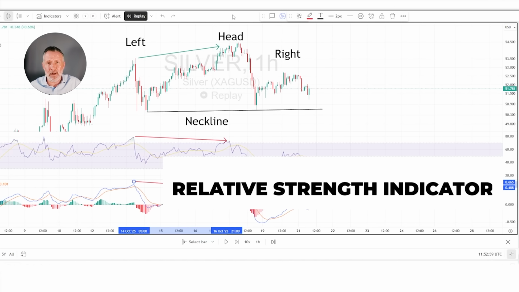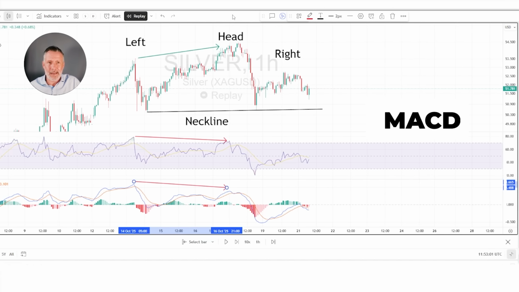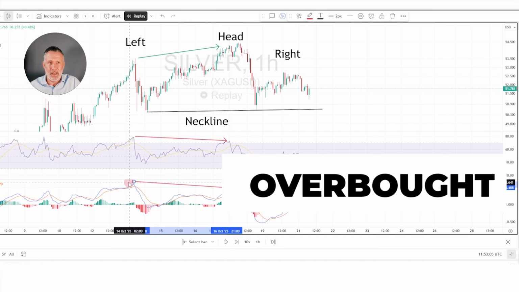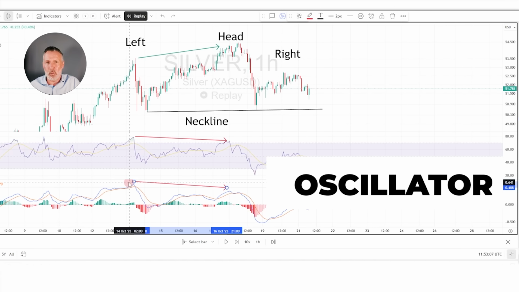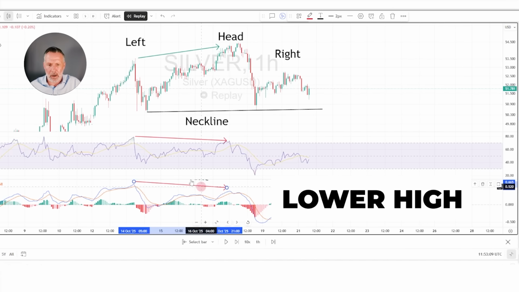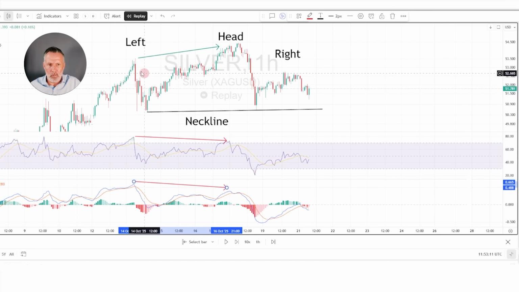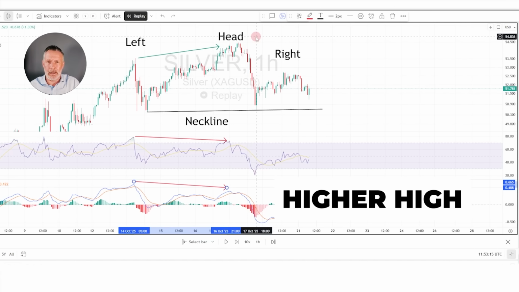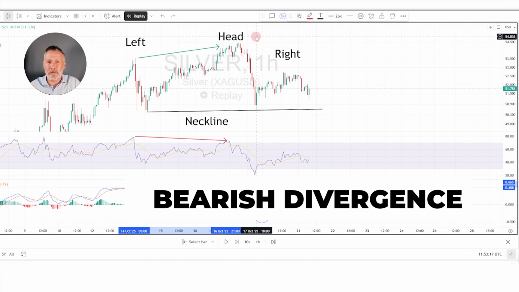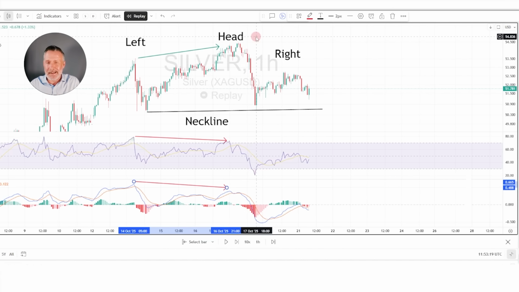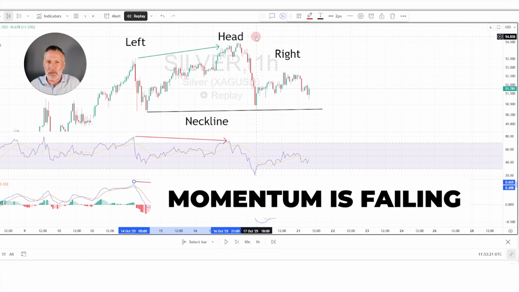Now the relative strength indicator or the MACD should be reading at overbought extremes. If the oscillator you are tracking makes a lower high while the asset makes the head or a higher high, then this is known as bearish divergence, and it's a clear indication that momentum is failing.